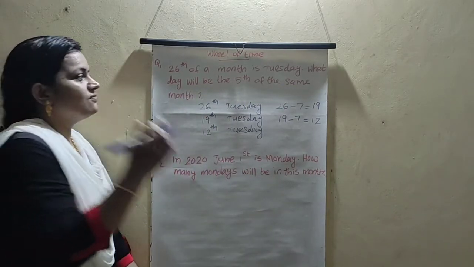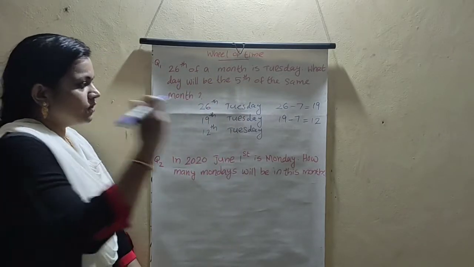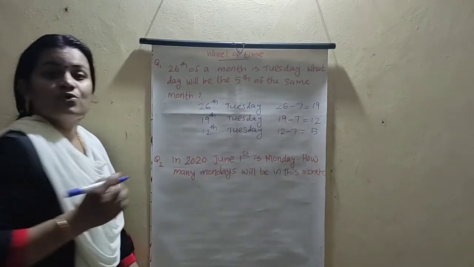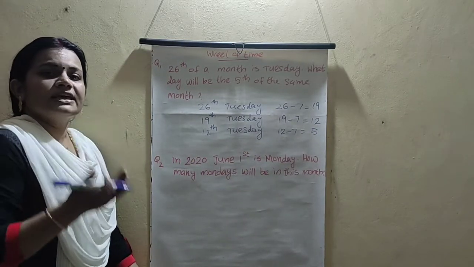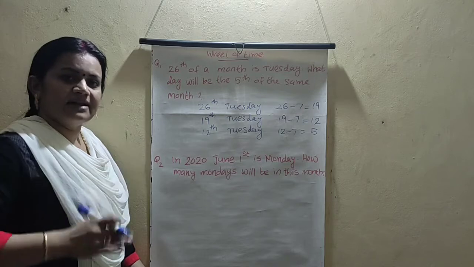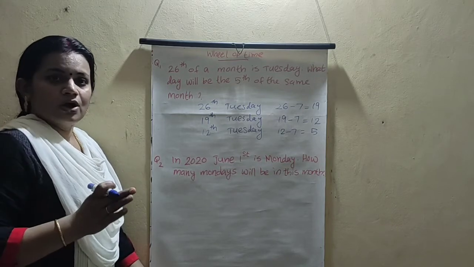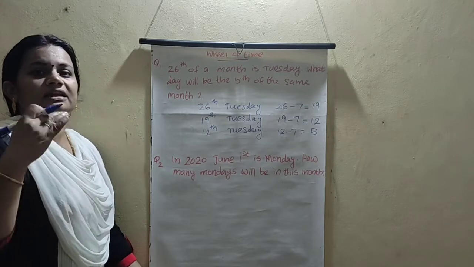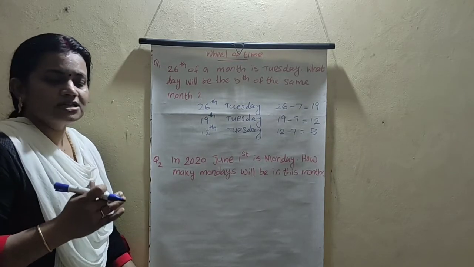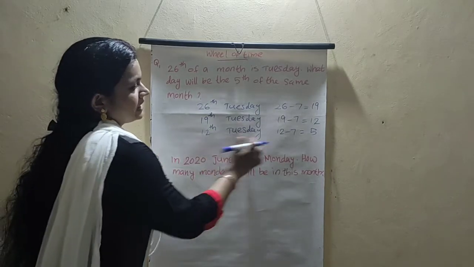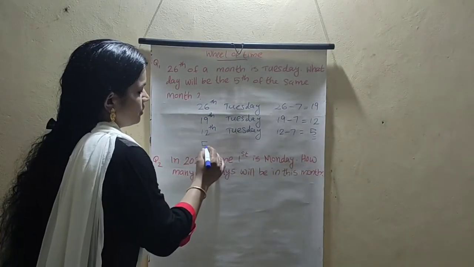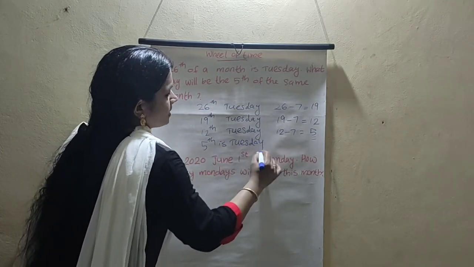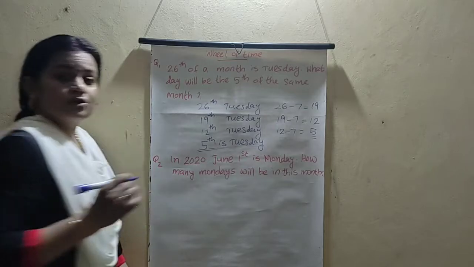We want to find out which day the 5th of the same month is. So we can do one thing. 12 minus 7 is equal to what? 5th. So we can add or subtract 7 and we will get the same day. Understood? So 12th is Tuesday. Then 5th is also what? 5th is Tuesday.